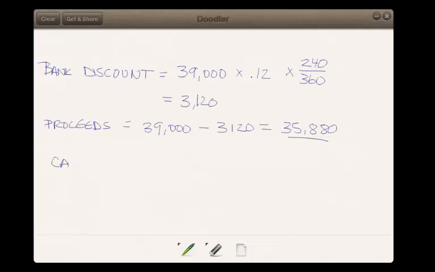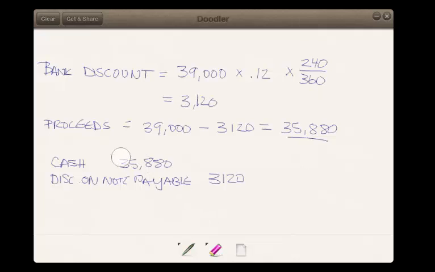So we have a debit to cash of $35,880. And then we have that new account, discount on notes payable of $3,120.